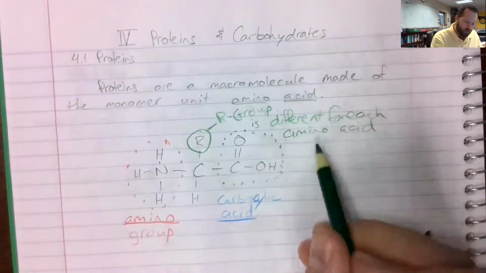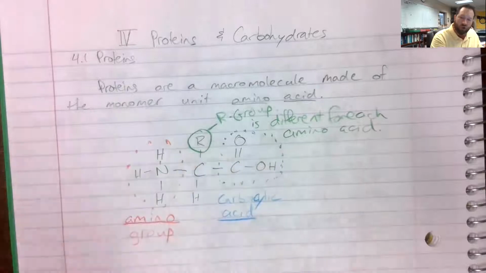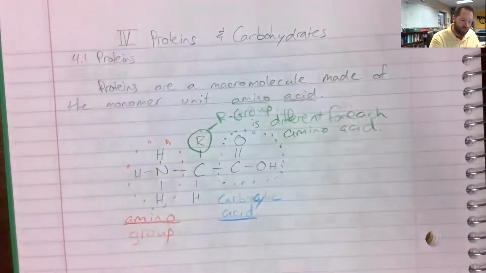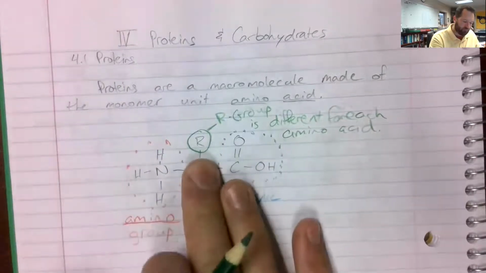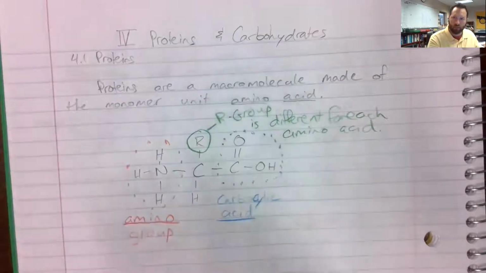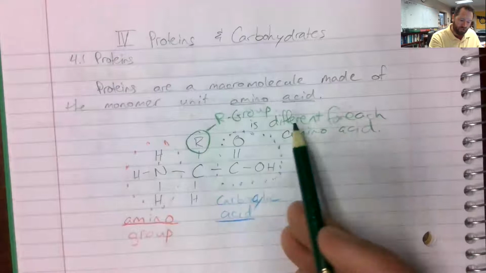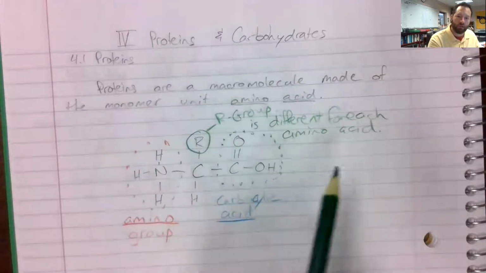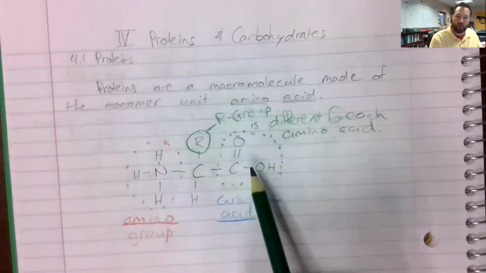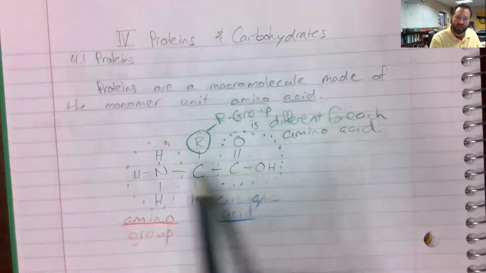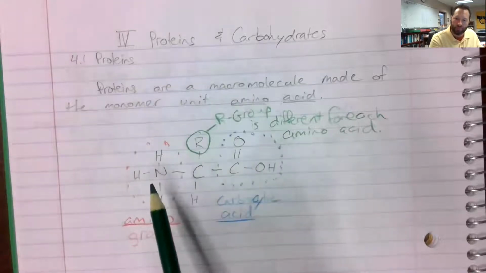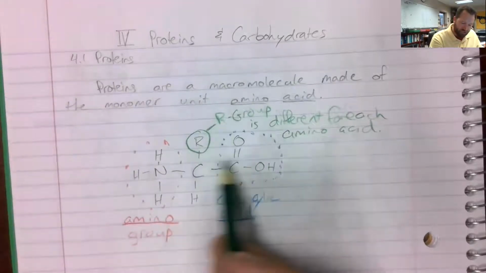Sorry, I'm not very good at writing with colored pencils, but that R group is different for each amino acid. Again, like an X or an N in math, this is a variable. It can change. We have 20 different amino acids. The base part down here with the carboxylic acid and the amino group, they don't change. This is always the same.